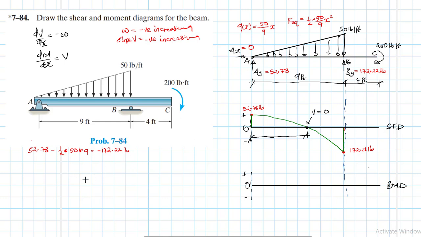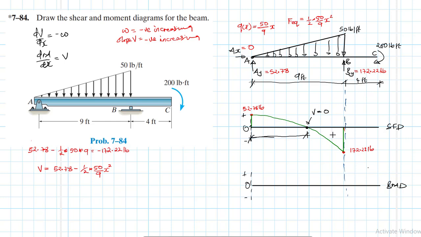So for us to find that equation, we'll say V, which is shear, is equal to the initial shear at A, which is 52.78, then minus half times 50 divided by 9, x squared.